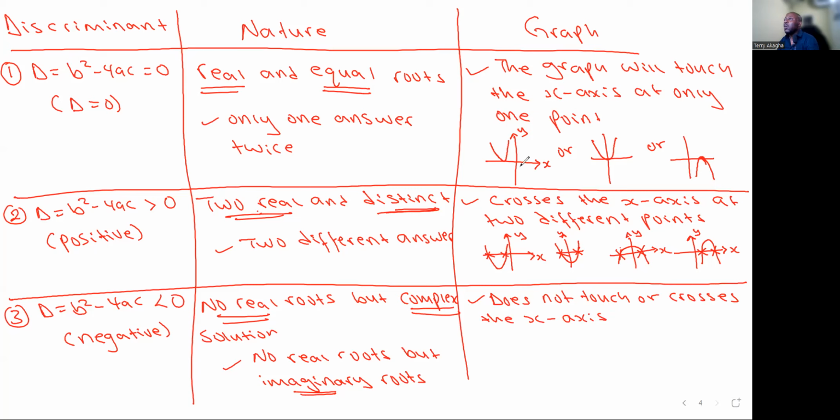Remember in all these scenarios, it was either touching at 1 point, just 1 point, or 2 points. But in this case, it's not going to touch the x-axis at all. It will be completely above or below the x-axis.